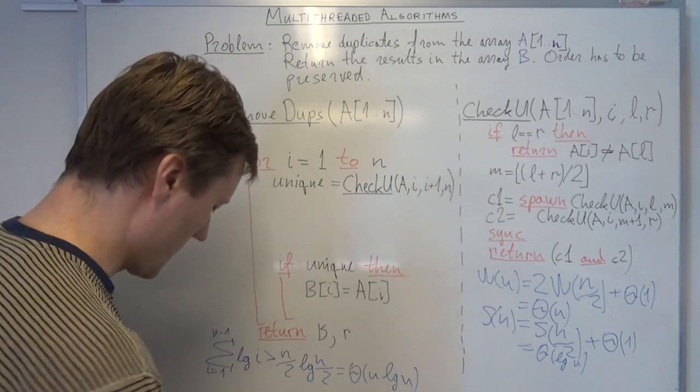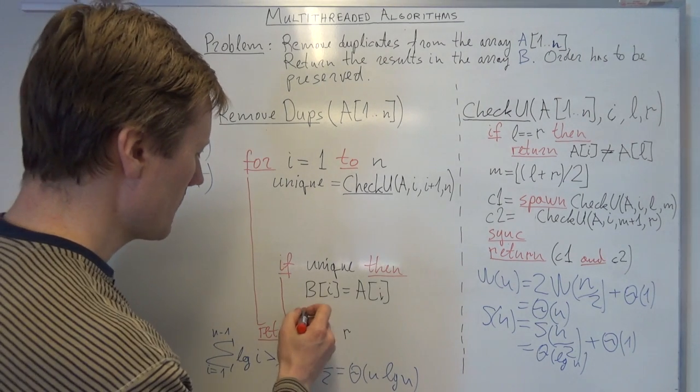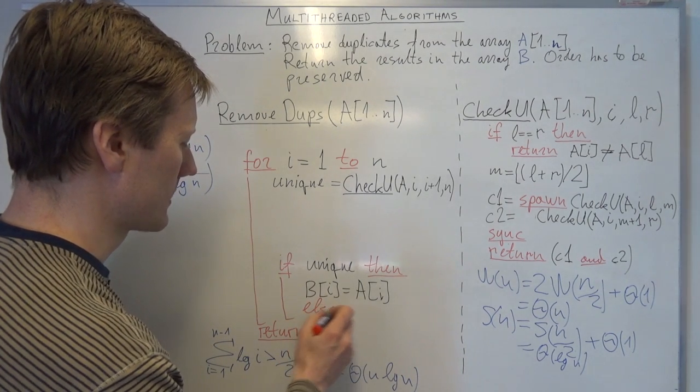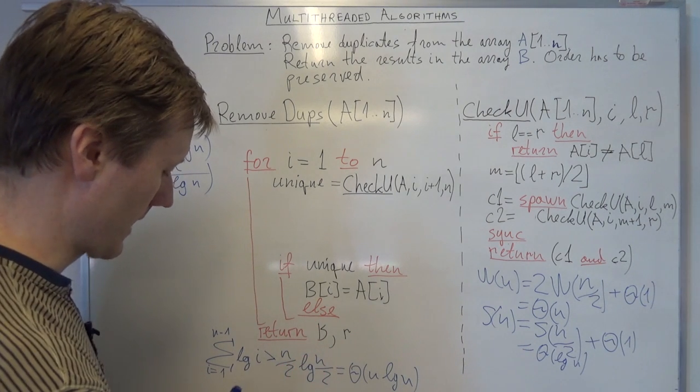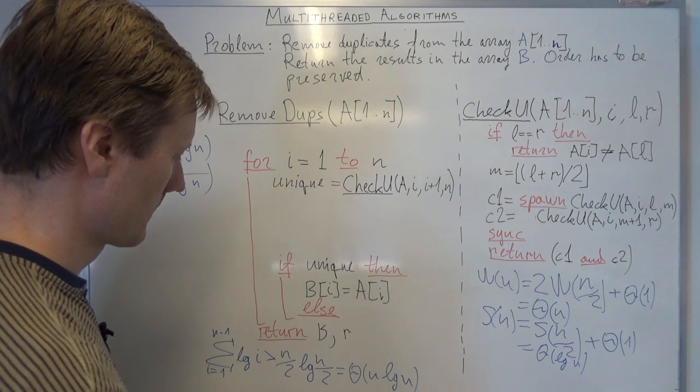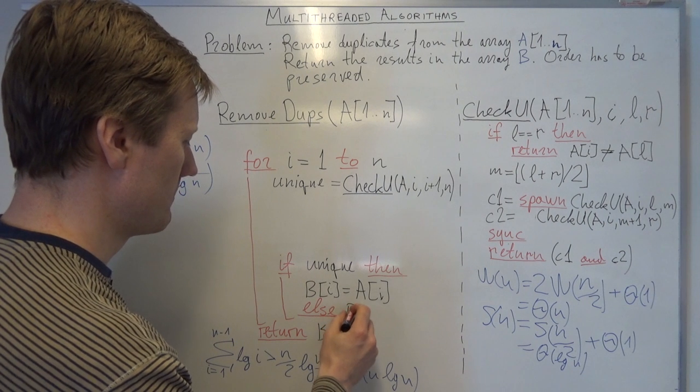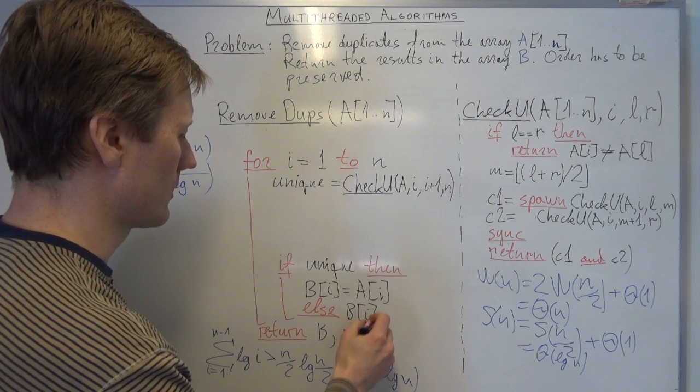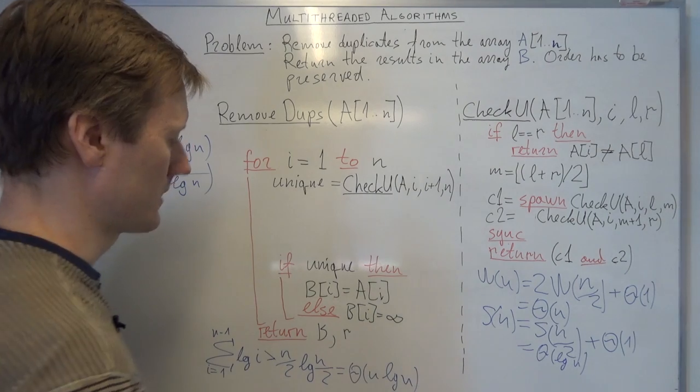Otherwise, we assign some special value to that position, indicating that it is empty in a sense. So else b i is equal to some special value, let's say infinity.